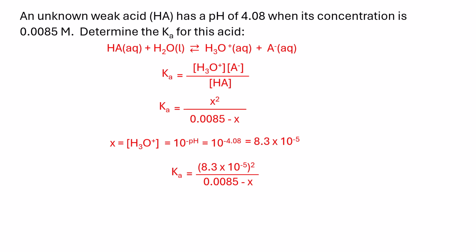So especially once we round for sig figs, it's not going to matter. Even though it would be easy to do, I'm not going to worry about subtracting x in the denominator there. And so now I just get to plug in my numbers and find a Ka, which turns out to be 8.1 times 10 to the minus 7 for this unknown generic weak acid.